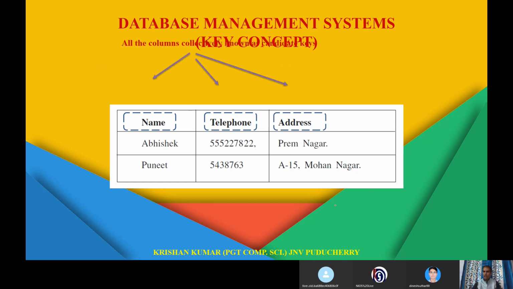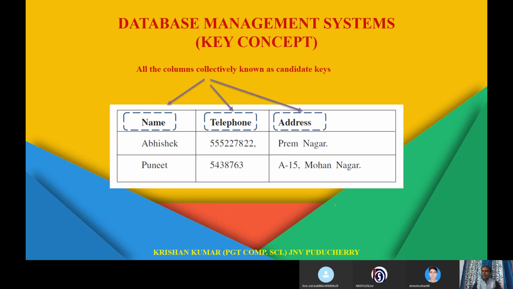All the columns collectively are known as candidate keys. Suppose you are talking about a class: individually each is called a student, and together they are also called students. The same thing is here. A column in a table is called a candidate, and all the columns together are collectively called candidates.